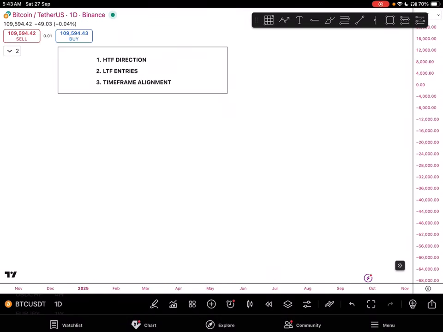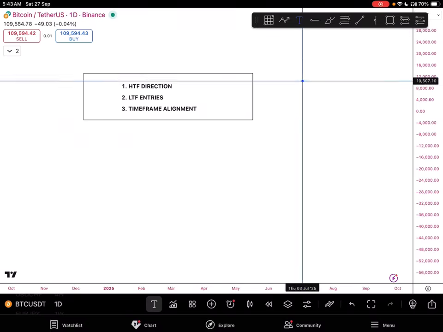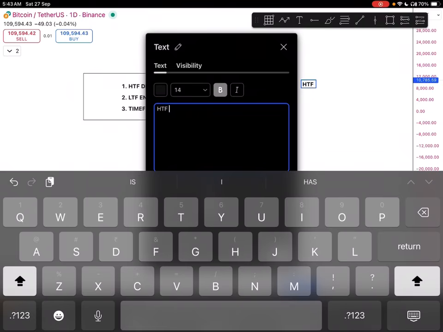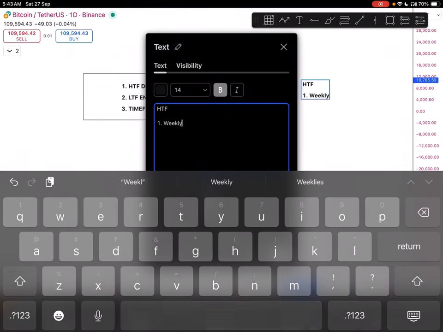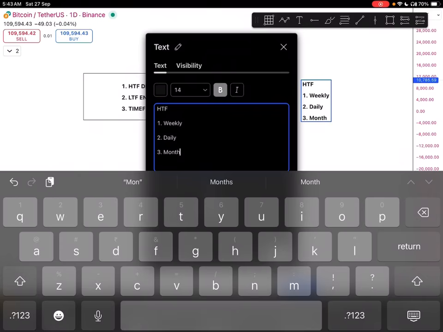First, discussing the higher time frame directions. We will start our bias from the higher time frame direction, which we mention here as weekly and daily. When the month starts, we must consider our monthly direction too, so keep monthly when the month starts.